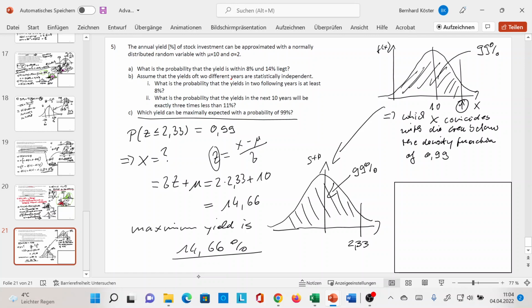Got it? Again, you probably haven't talked in that way about the standard normal distribution in your introductory courses.